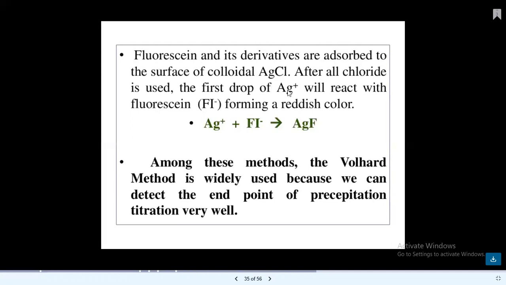Once it is adsorbed on the outermost layer, it changes the color of the silver chloride, which is colorless, into a reddish color.